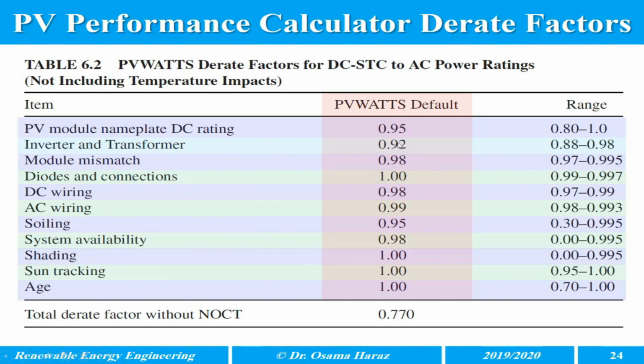Each of them has its own derate factor, within this range. So the overall derate factor can be computed by multiplying all these together. You end up with a total derate factor without temperature impact of 0.77 or 77%.